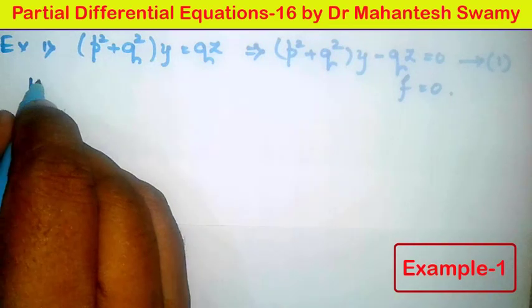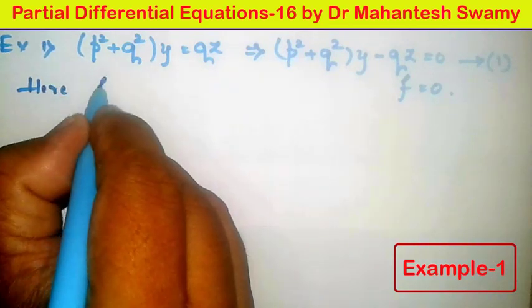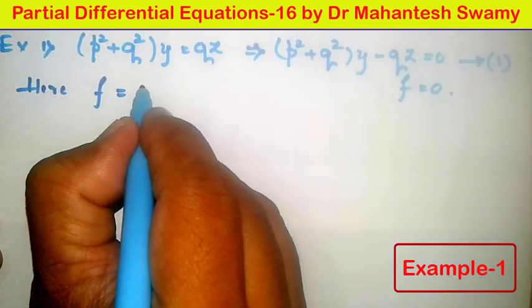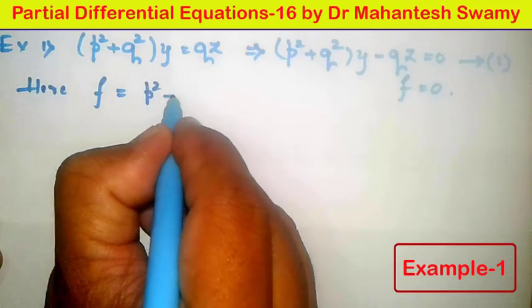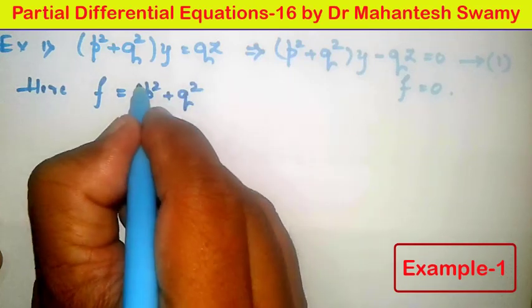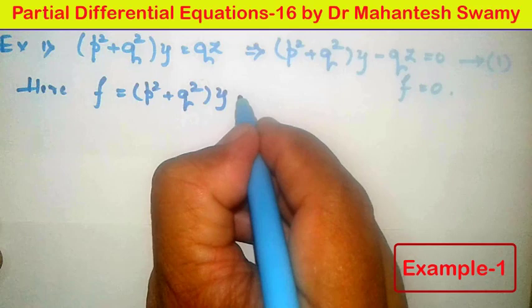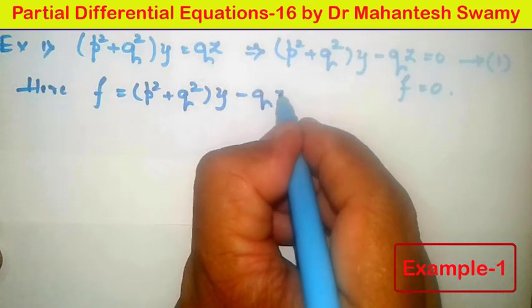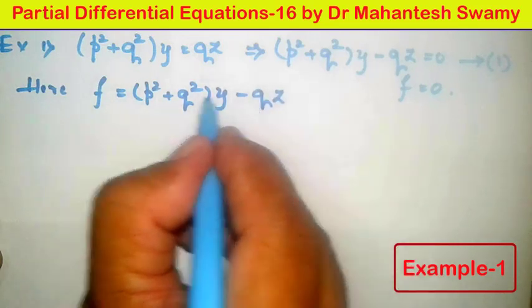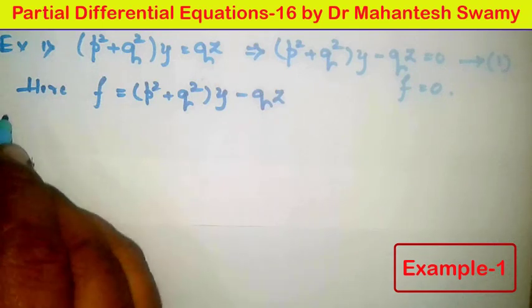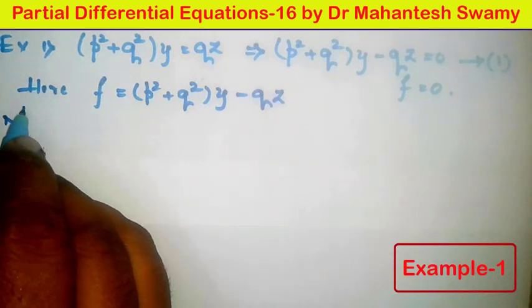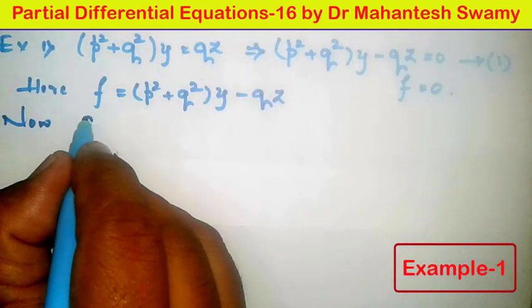So here f is (p square plus q square) within the bracket multiplied by y minus qz. So we have to use this to write the Charpit's auxiliary equations. So now let us write down the Charpit's auxiliary equations.